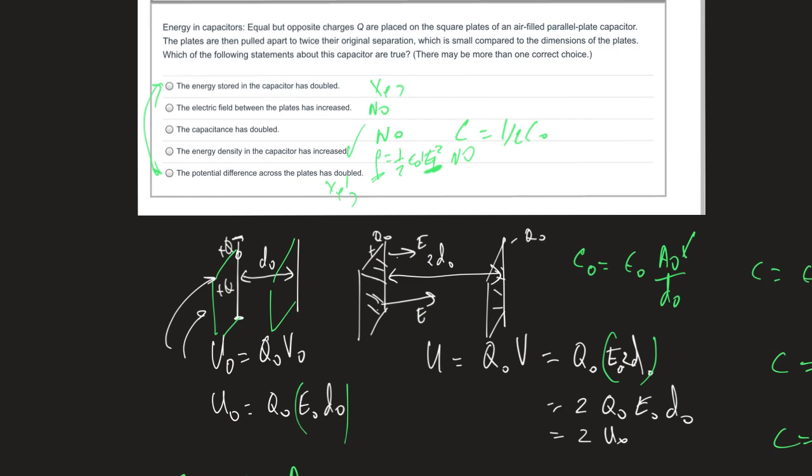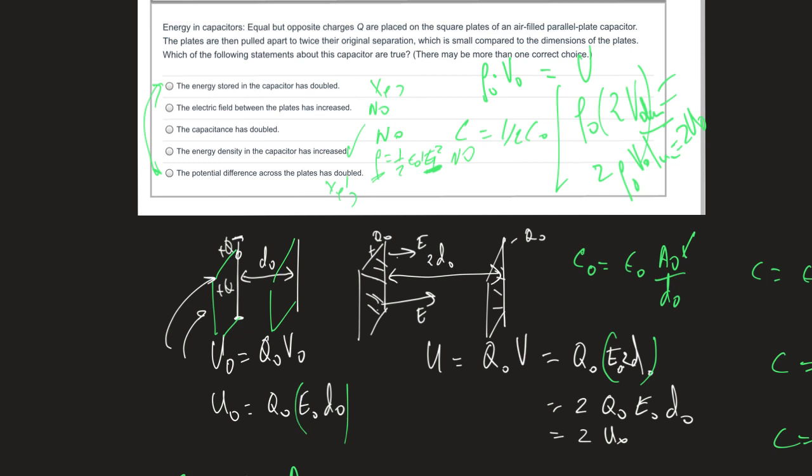So the density of energy has not changed, the volume has doubled, so now the energy has doubled. It will be 2 times rho 0 times the volume. This is volume, not potential. So it will be 2 times U0.